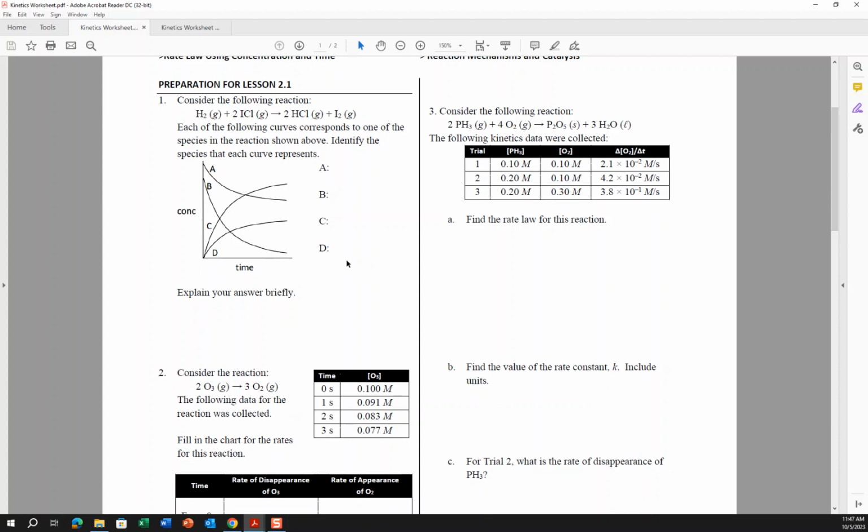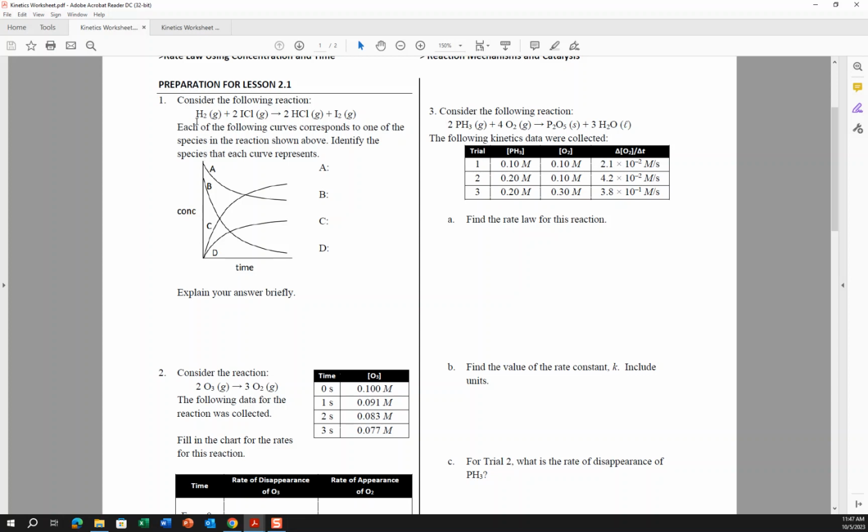All right, so remember, kinetics is the study of how fast reactions go. It's the study of the rates of the reaction. A way that we usually measure the rates is how the concentration of the different components of the reaction change over time.